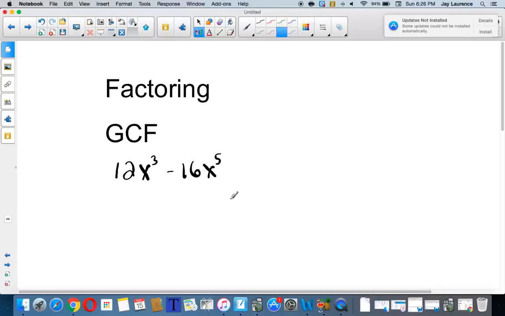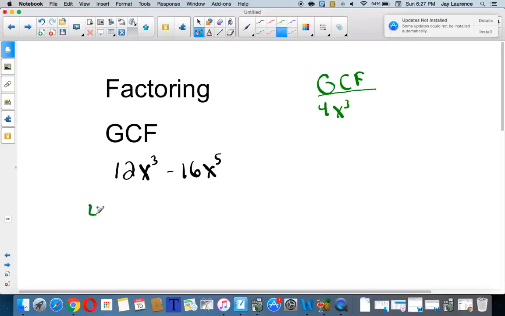All right, so the GCF. A common mistake many of you are making: you only find the GCF of the 12 and the 16. You must find the GCF of the variables as well. Of course, the GCF of the 12 and 16 is a 4. Well, what's the GCF of the variables? Well, I think it's going to be an x cubed, right? Because each of them have at least 3 x's being multiplied together.